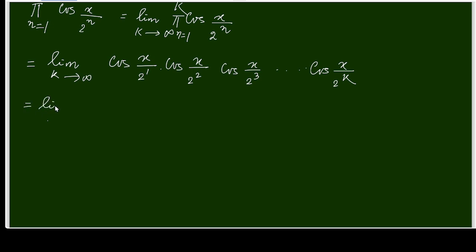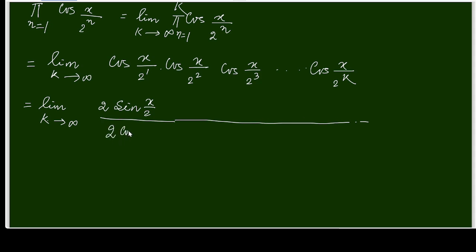Here limit k tends to infinity. I'll multiply sin x by 2 in both the numerator and denominator, with cos x by 4, cos x by 8, up to cos x over 2 power k.